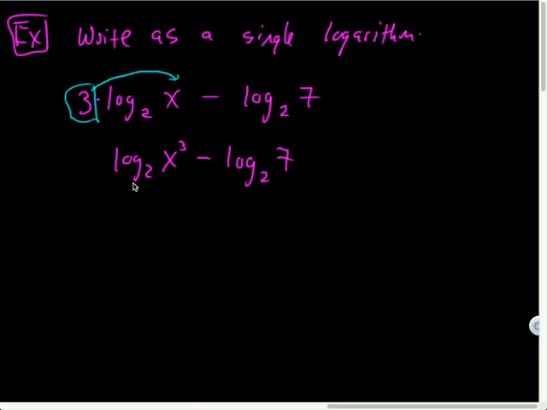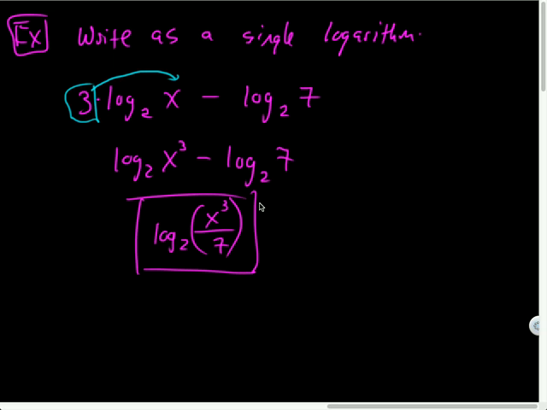And now I can use my difference of two logs property and write that as the log of a quotient: log base 2 of x cubed over 7. And now it's written as a single logarithm. Good stuff.